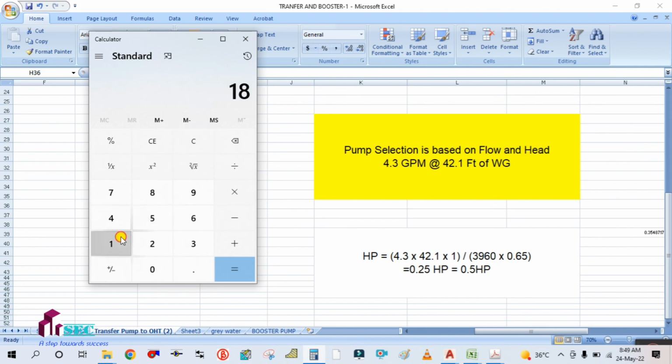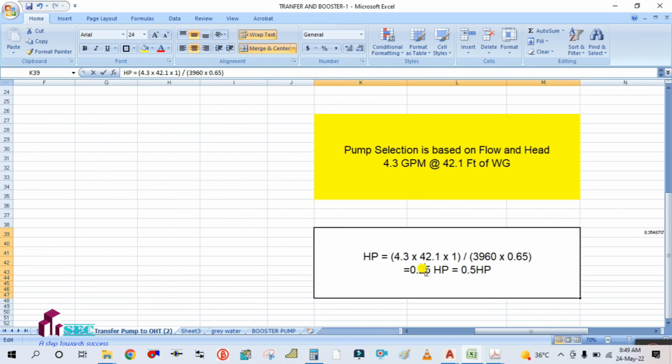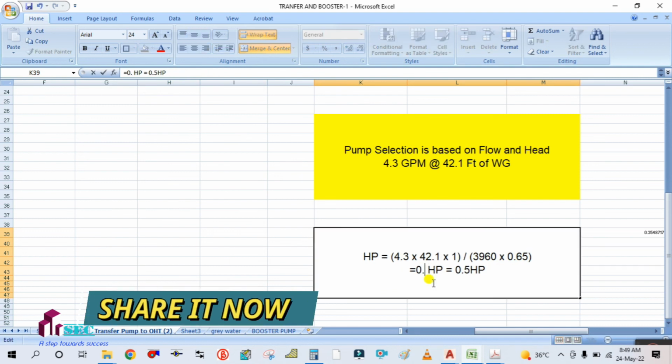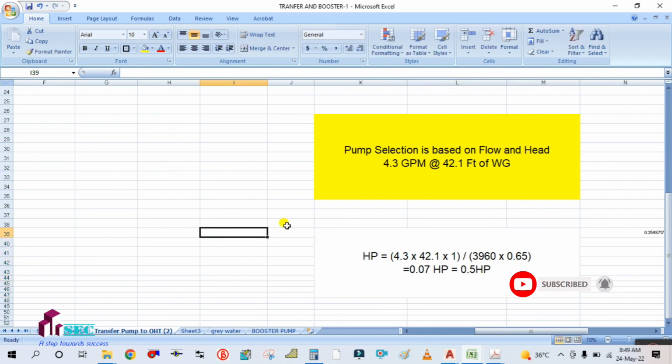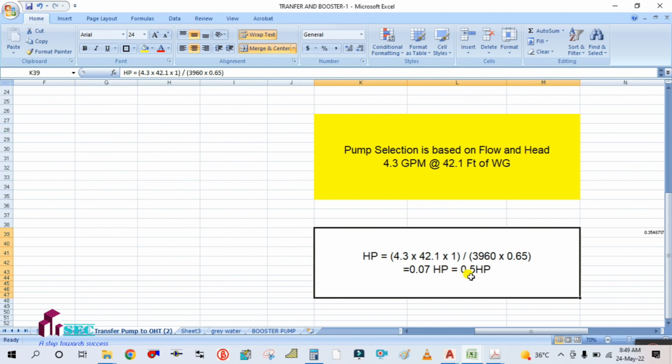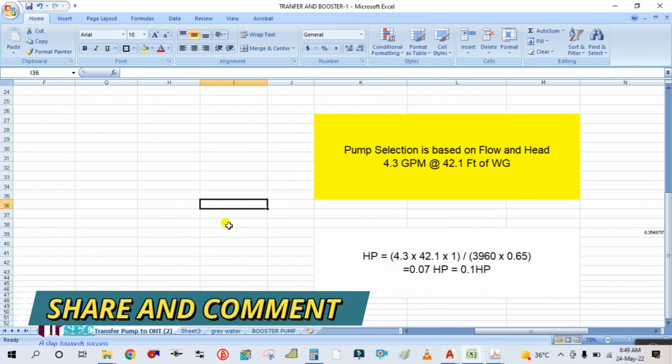So 181 divided by 2574, I am getting 0.07 HP. You can assume here approximately 0.1 HP.